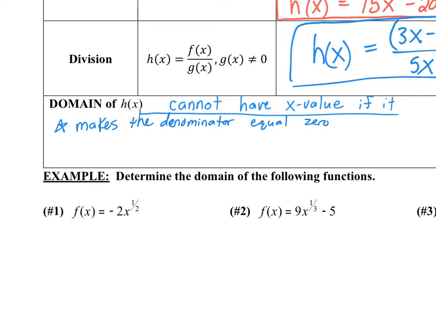Okay, if you have a x value that when you plug it in, the denominator or the bottom of a fraction equals 0, we can't have that. Okay, that's not allowed.